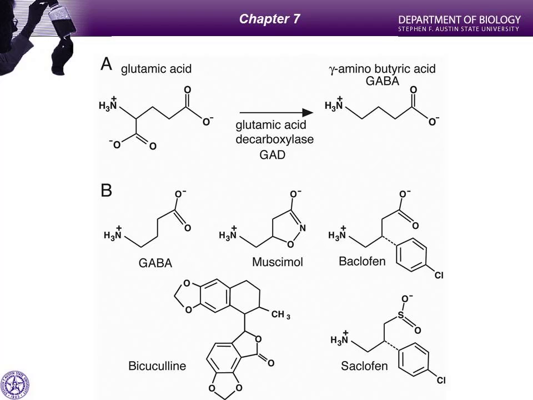Now, when we were talking about acetylcholine, we said as long as acetylcholine stayed in that synaptic cleft area, what was going to continue to happen? As long as acetylcholine was in the synaptic cleft, it could bind to the acetylcholine receptors on the postsynaptic cell, and you would get transmission.